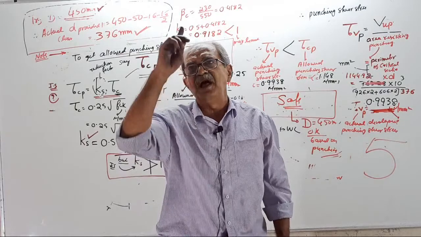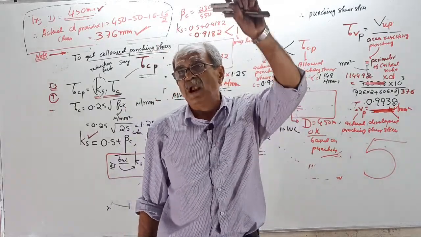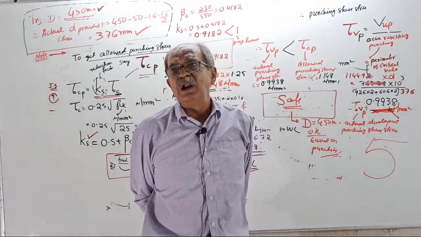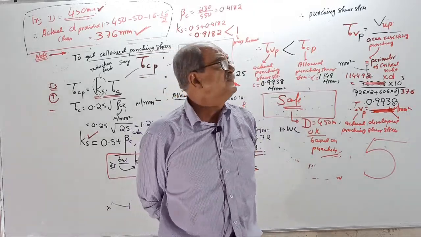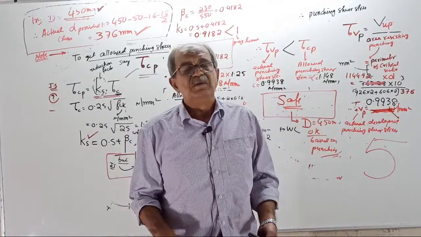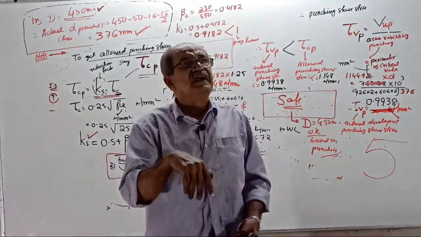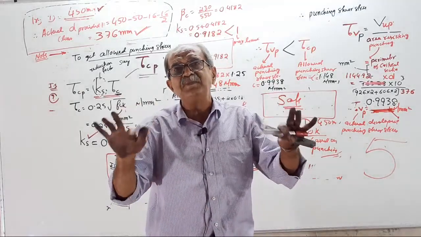This I told you in the RCC batch. When you increase the depth for deflection control, multiple benefit. Suppose 150 is unsafe. People think maybe 200 is required. No, that much is not required. Because increase has multiple benefit, decrease has multiple damage.